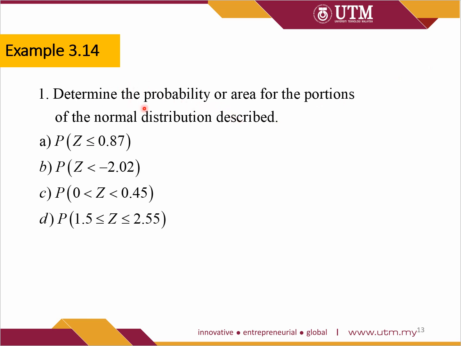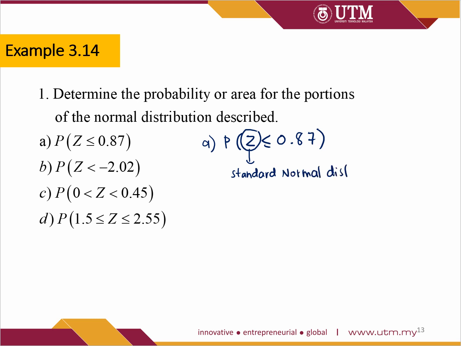Okay, let's try this example. We want to determine the probability or area for the portions of the normal distribution described. Here we have z less than or equal to 0.87. Notice that this example is in z, meaning that it refers to the standard normal distribution.